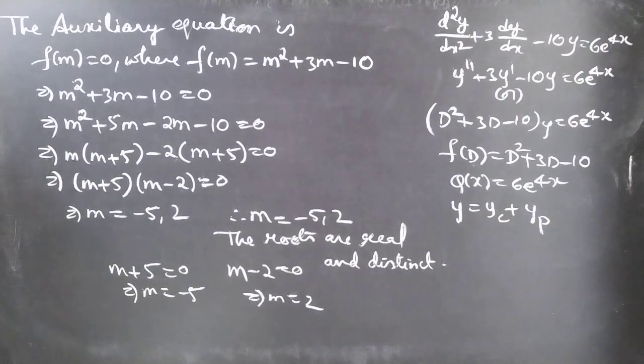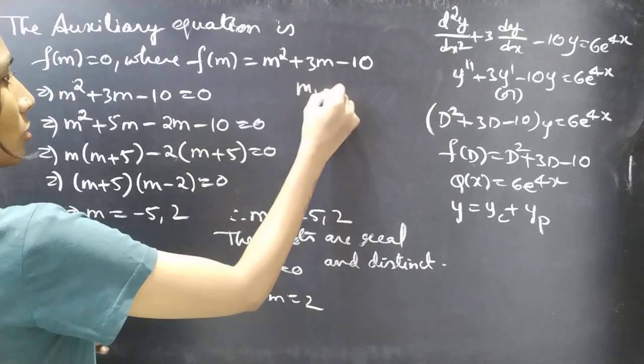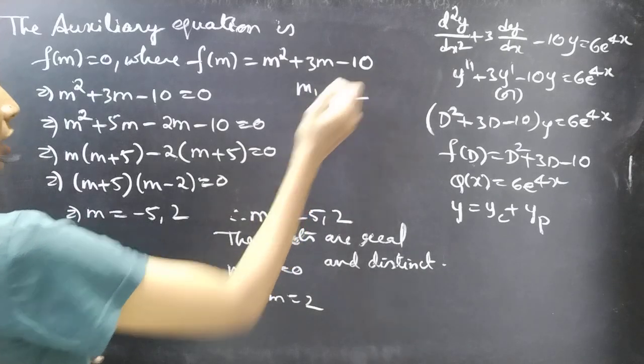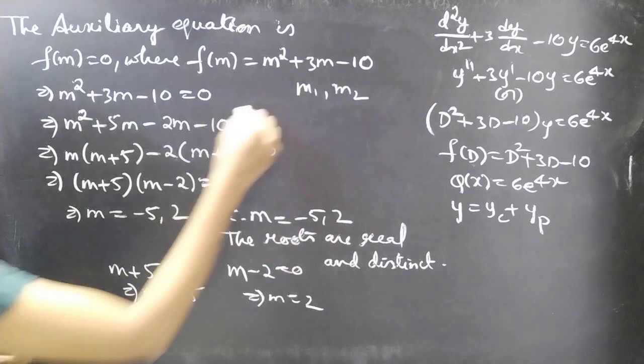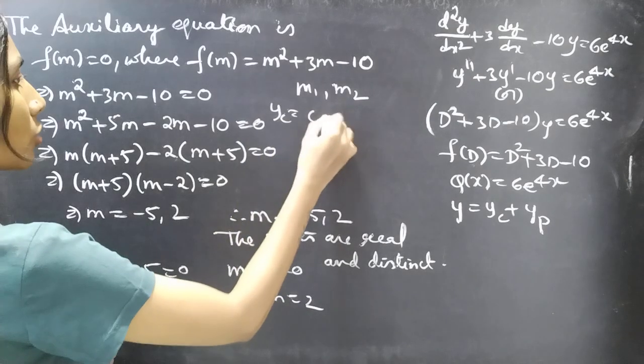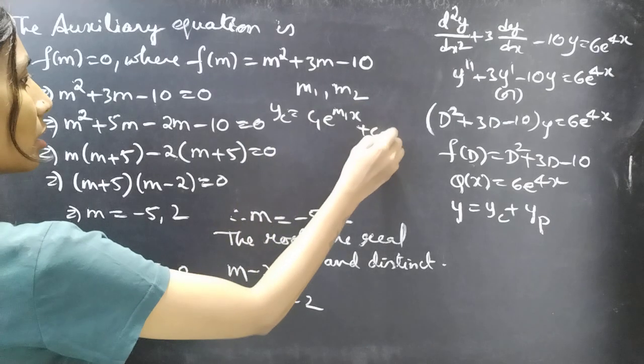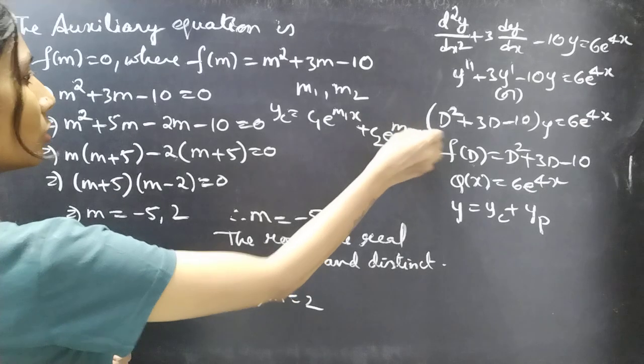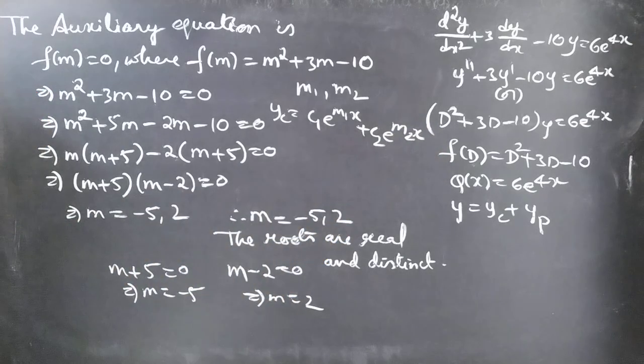Well, using these roots, we'll find yc. Suppose we have real and distinct roots, say m1 and m2, then yc looks like yc equal to one constant into e power one root into x plus another constant into e power another root into x, right?